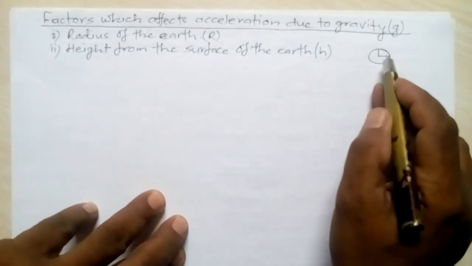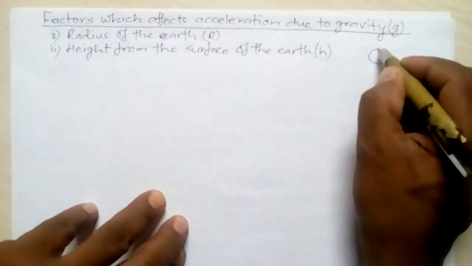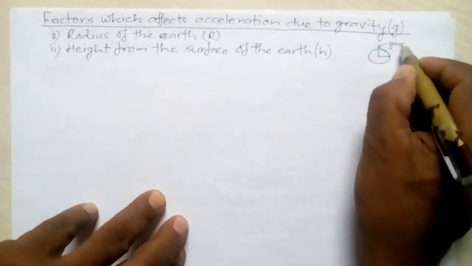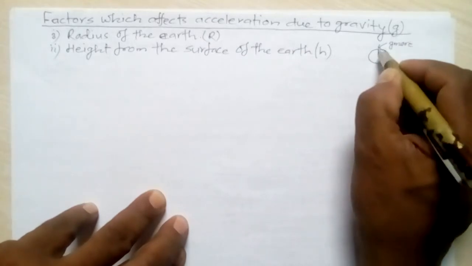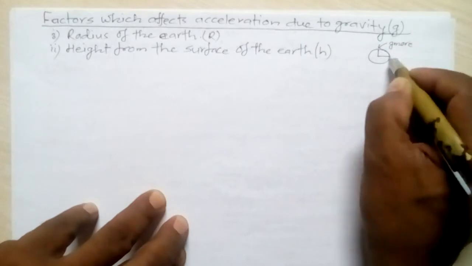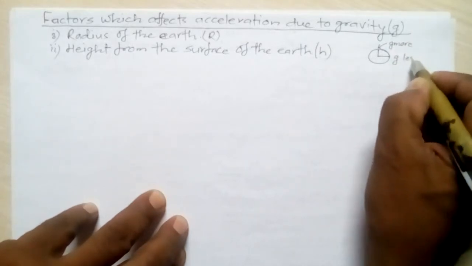According to the difference of radius, it varies from place to place. If radius is less, g is more, because at the pole radius is less and that's why g is more, but at the equator radius is more, that's why g is less.